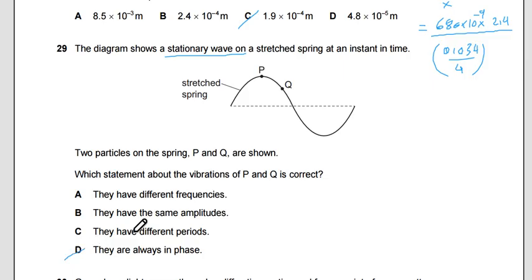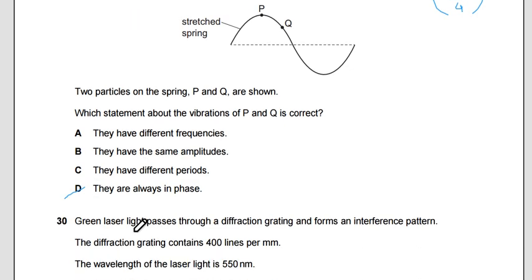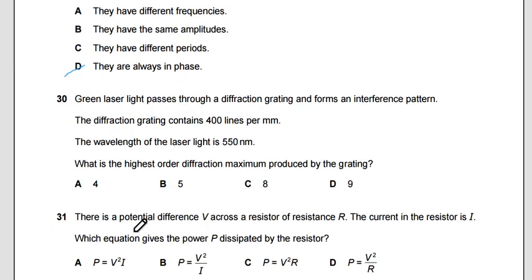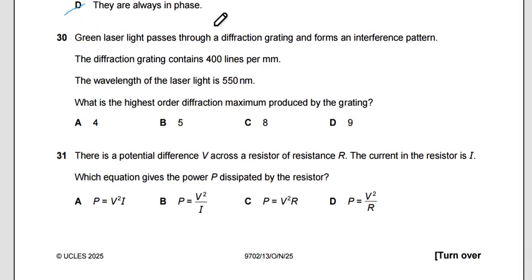Remember that only when there is a separation by nodes there is a change in phase, but in the same peak or trough in the standing or stationary wave, we have same phase or in phase.